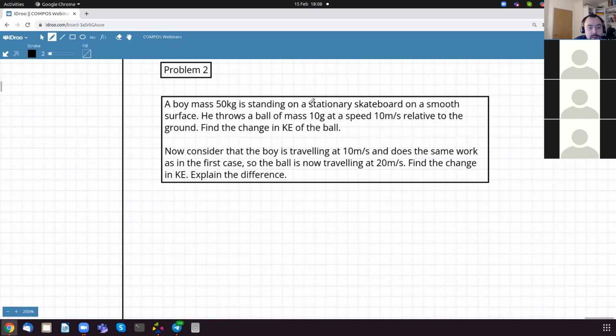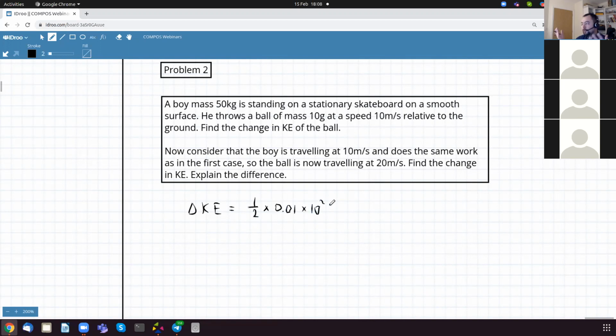Okay, so that's simple. Change of kinetic energy is equal to 1/2 mass, 0.01 times 10 squared.